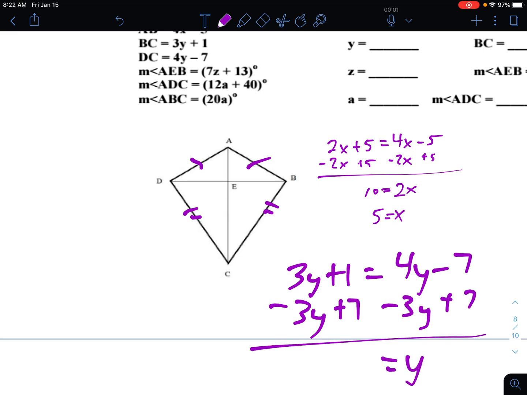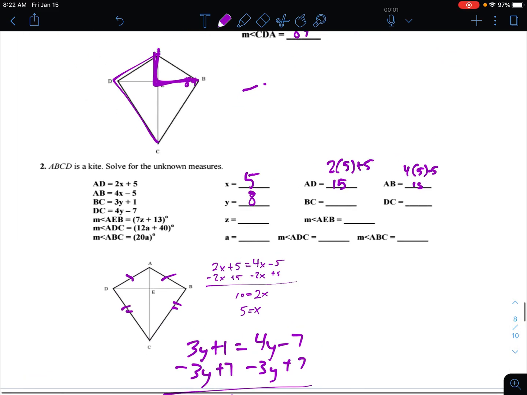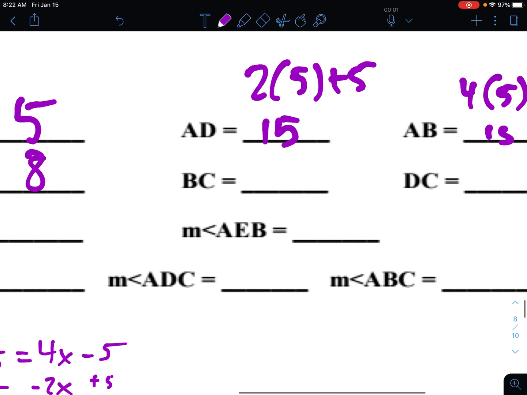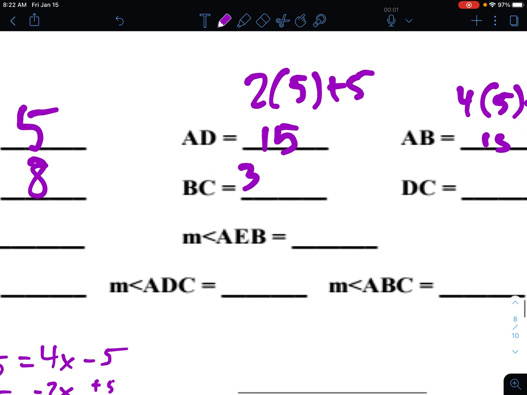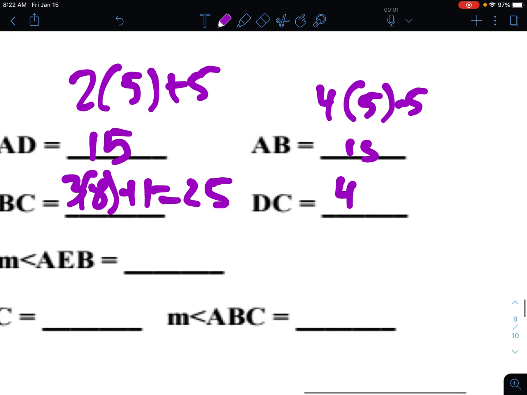We get 1y is equal to 8, so y is equal to 8, which makes BC 3 times 8 plus 1, which is 25. DC is 4 times 8, which is 32, minus 7, which is 25.